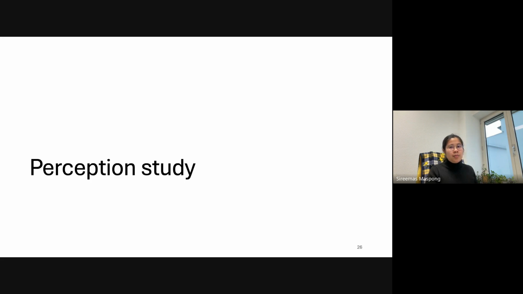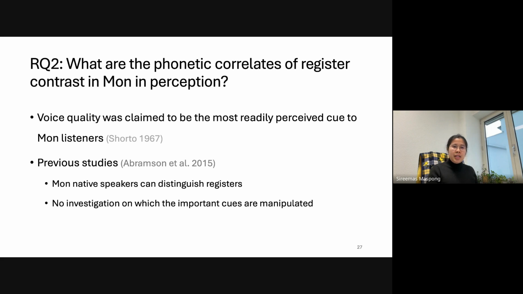which leads us to the second part of our study, which is the perception study. We asked what the phonetic correlates of register in MON are in perception. In previous studies, it has been claimed that voice quality is the most readily perceived cue for MON listeners.